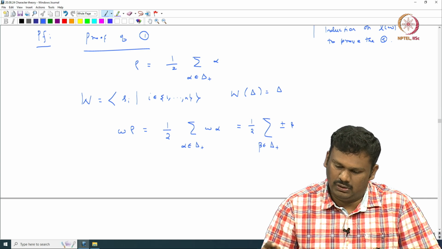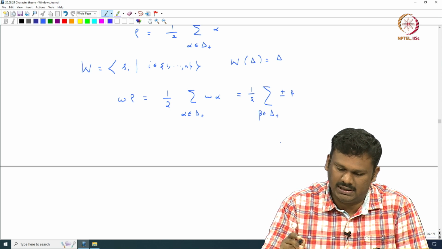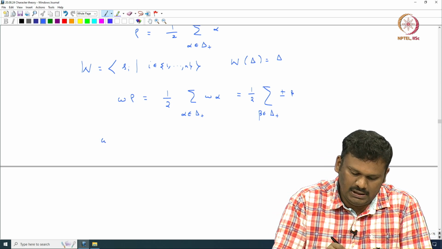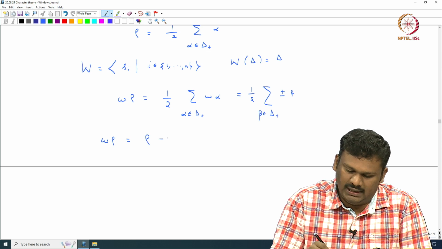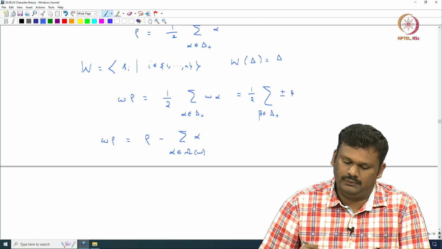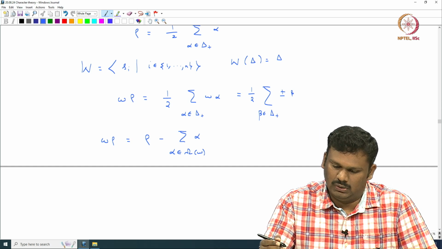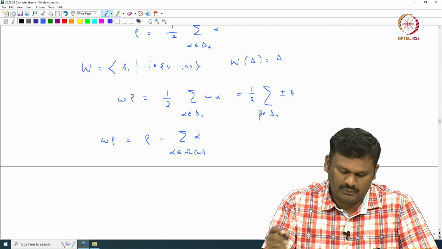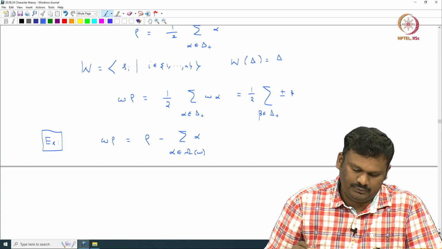I will leave it to you to check. Now you can add and subtract rho, and see that this is exactly equal to W rho equals rho minus summation alpha, alpha coming from omega of W. You just add rho and then subtract rho, collect the terms, and you get this. This is straightforward from the definition.